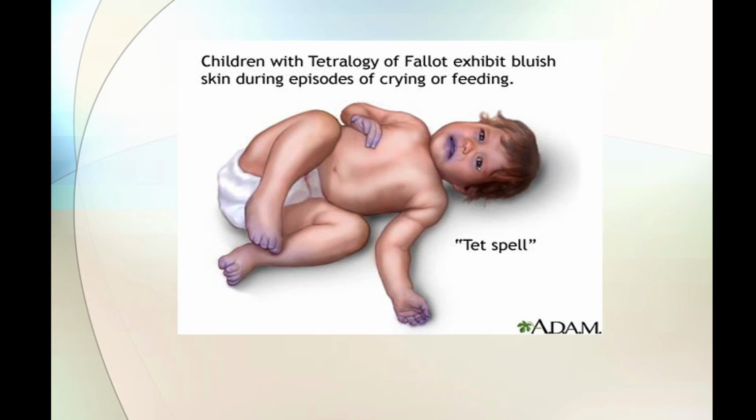But especially in the first few months of life, they become cyanotic when they cry. And that is a problem with gaining weight, feeding. They get so tired and they use up all their energy crying and trying to function. So these infants will have these hypercyanotic episodes or blue TET.